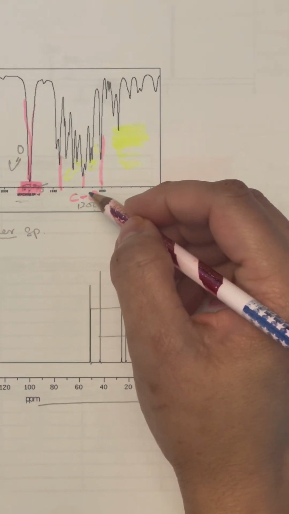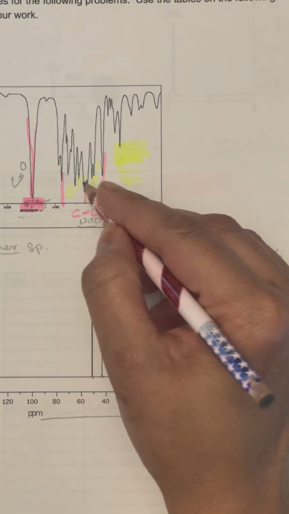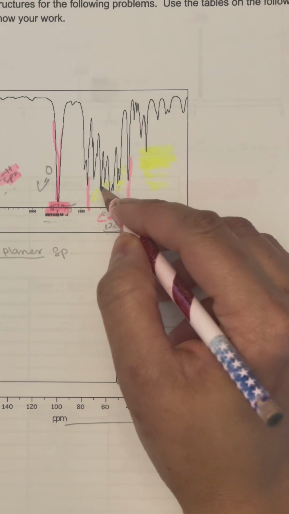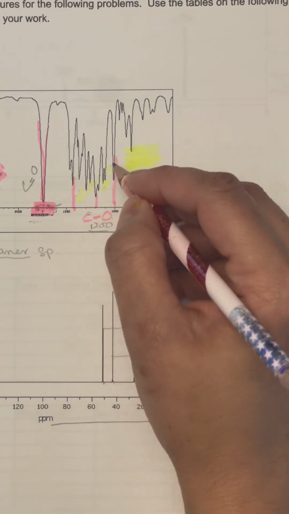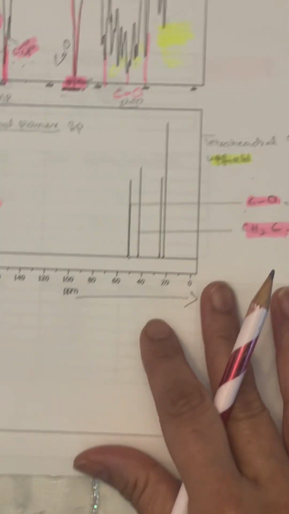Another peak is around 1200, and it represents the carbon-oxygen bond. On the sides, we saw the carbon-carbon bond multiple peaks, and here we have some fingerprinting.